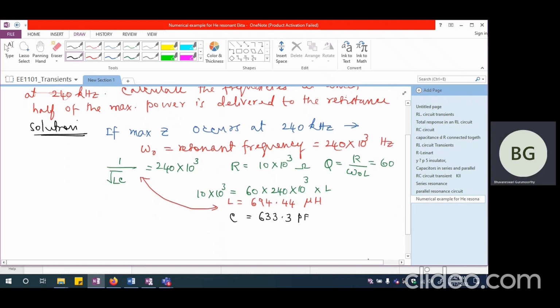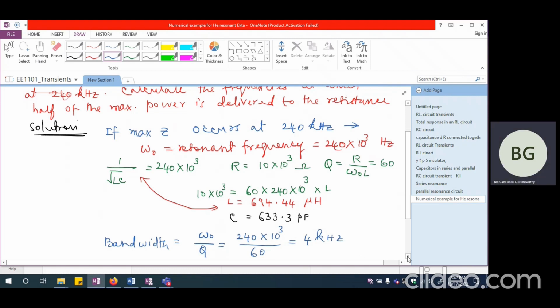Now, bandwidth is generally defined by omega naught divided by Q. So omega naught is 240 multiplied by 10 power 3 divided by 60. So this is going to be 4 kilohertz.